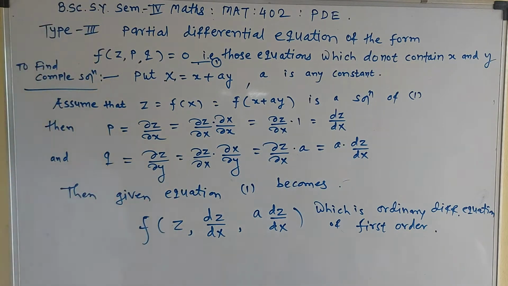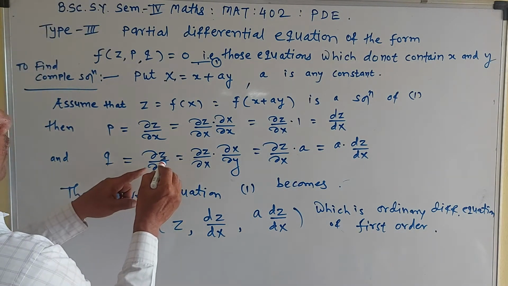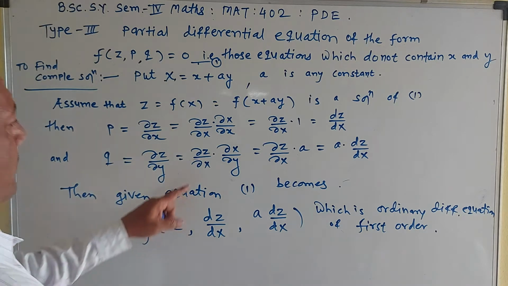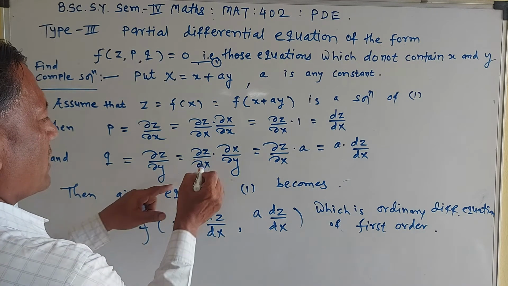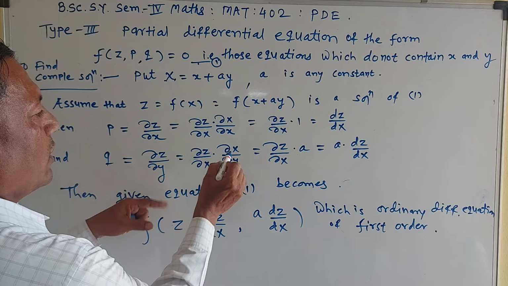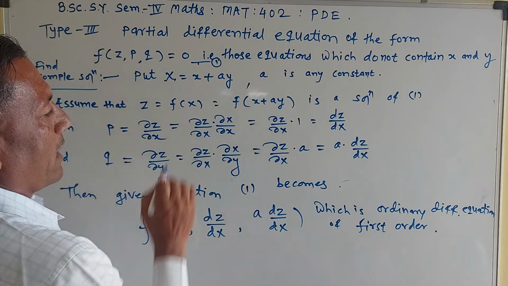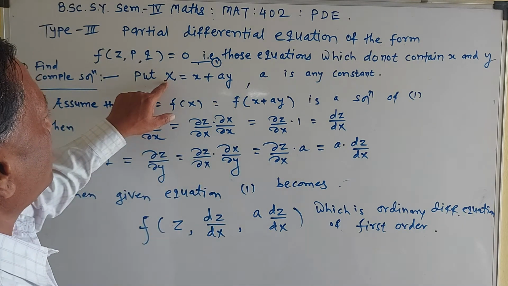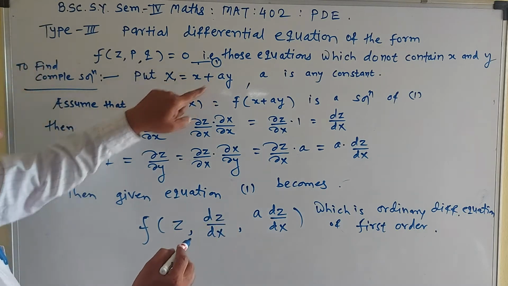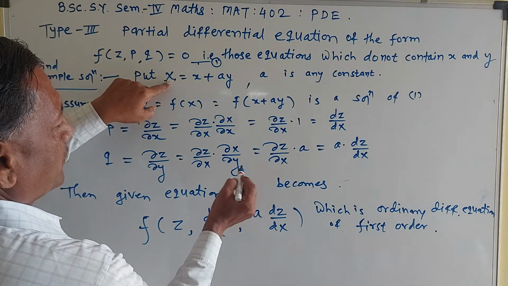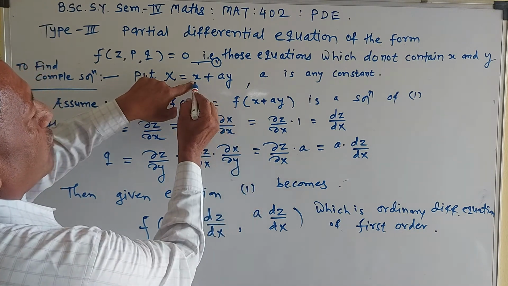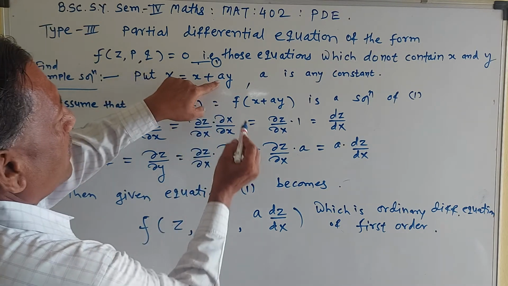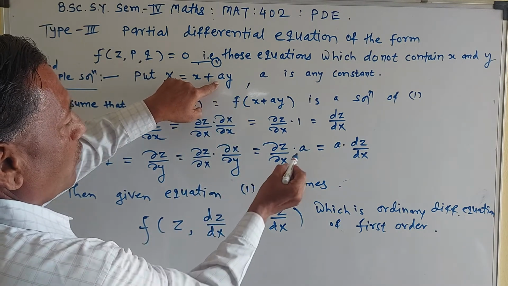Similarly, we find q. q = ∂z/∂y. This can be written as ∂z/∂X into ∂X/∂y. What is X? X is equal to small x plus ay, and its derivative with respect to y: the derivative of small x with respect to y is 0, and ay means a into 1.